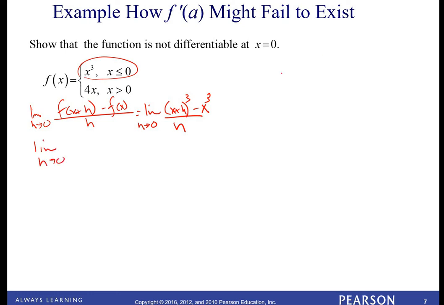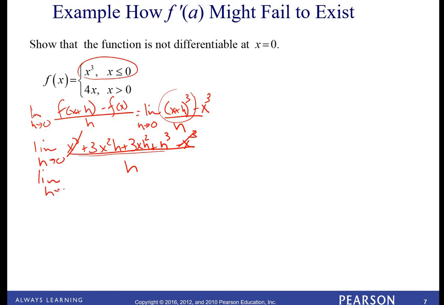I'm trying to save myself some room because I've got a picture coming up over here on the right. So the limit of x cubed plus 3x squared h plus 3xh squared plus h cubed minus x cubed, this whole piece is the expansion of that binomial. The x cubes cancel.